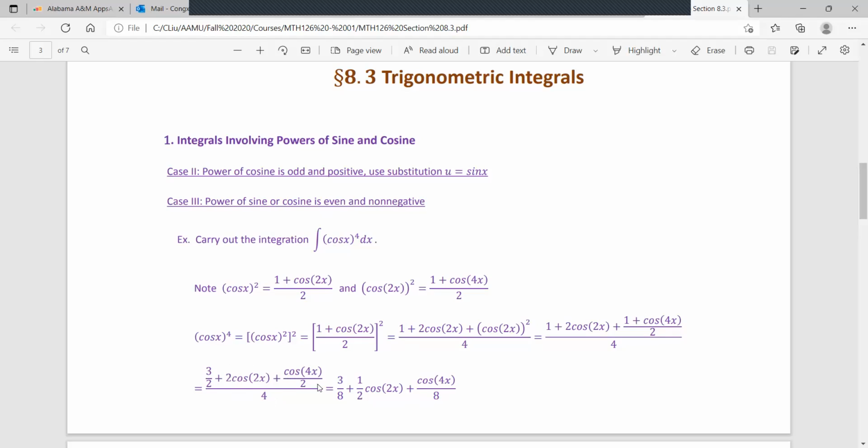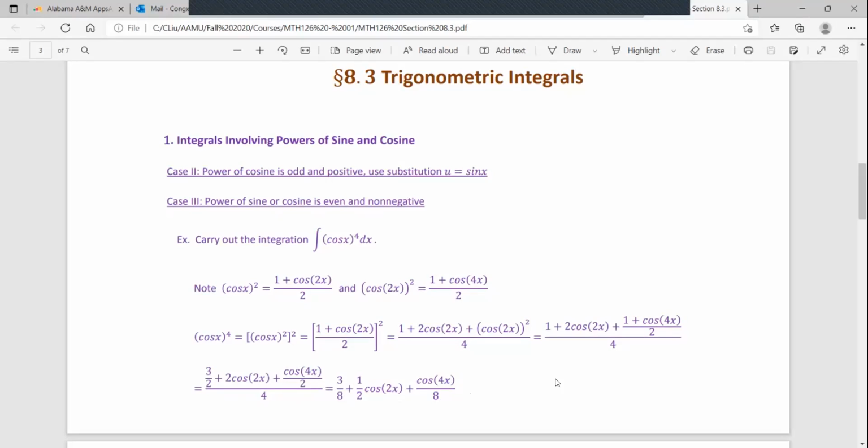You get 3/8 from 3/2, and 2 over 4 in the second term, which reduces to 1/2. So that's 1/2 times cosine 2x, and the last term is just cosine 4x over 8. If you don't know how to do fractions, you can just multiply 1/4 on each term in the numerator. What you get is this.